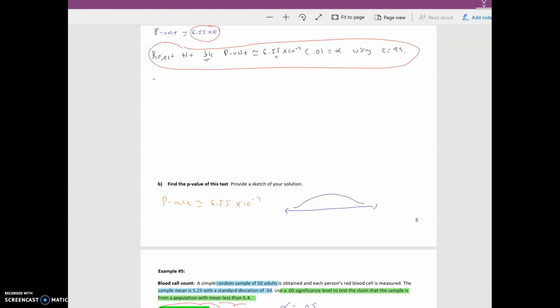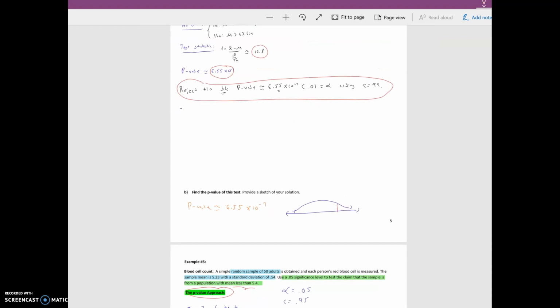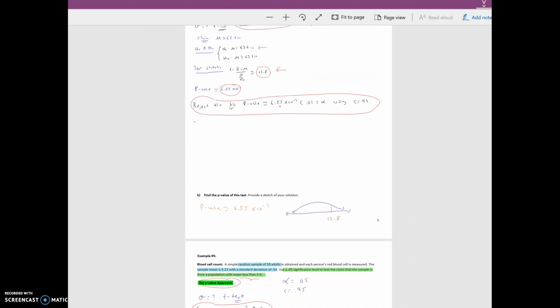So the sample that we're looking at in this case for the supermodels, we're assuming that it's going to be bell shaped. And in this case, the test statistic ended up being 12.8. The area to the right of it, because we're doing a right tail test, happens to be, in terms of area, 6.55 times 10 to the negative 7.